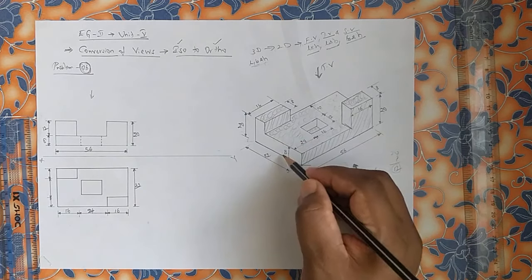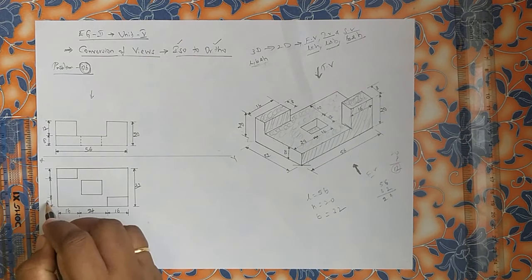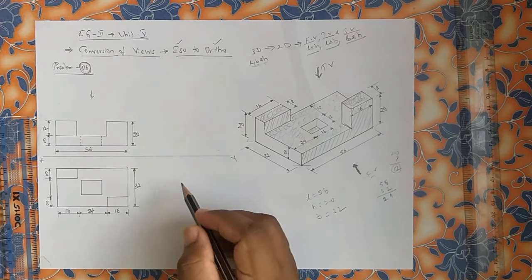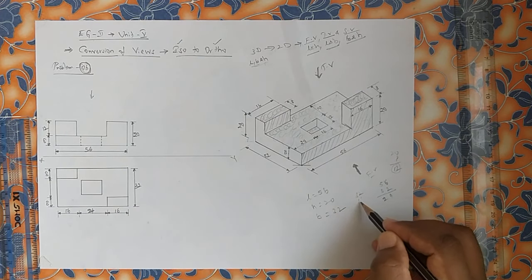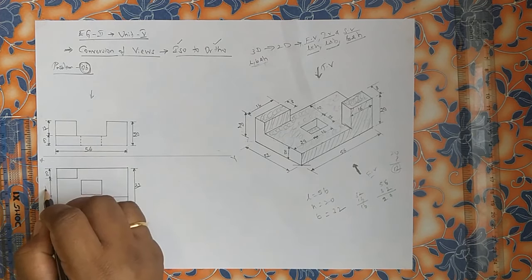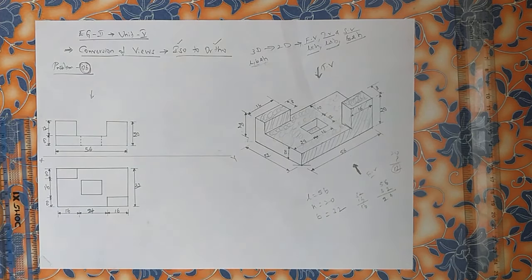Now when you are looking from breadth, see this, actually it is 8. This is also 8. Totally it is 32. 8 plus 8, 16. 16 to 32. Remaining it is 16. And here it is 16. In that 16 we are having 12 mm hole.